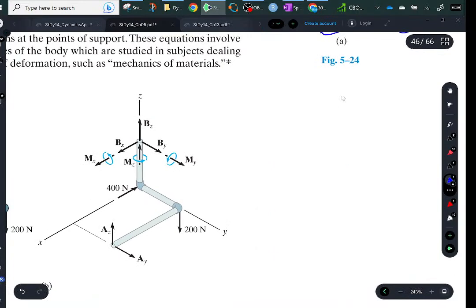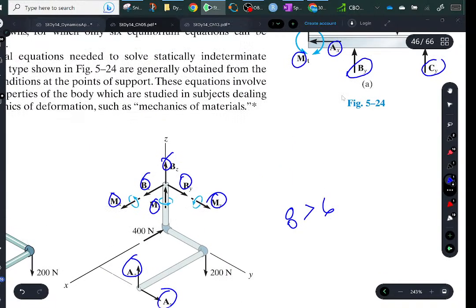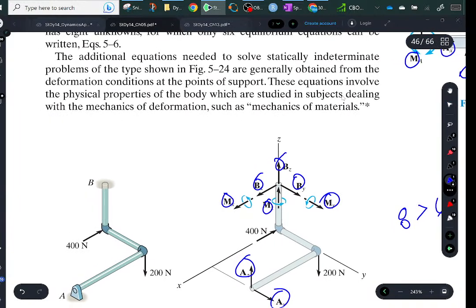So this one, okay, how many have you got? This is a 3D problem. 1, 2, 3, 4, 5, 6, 7, 8. 8's too high. It's greater than 6. No, you can't determine that. So here, I just saw this word.